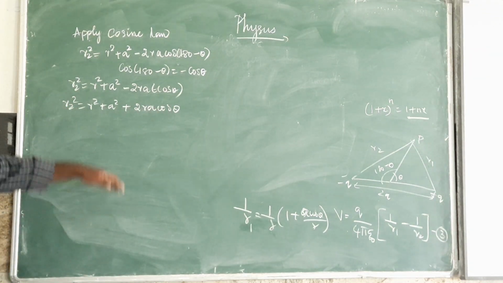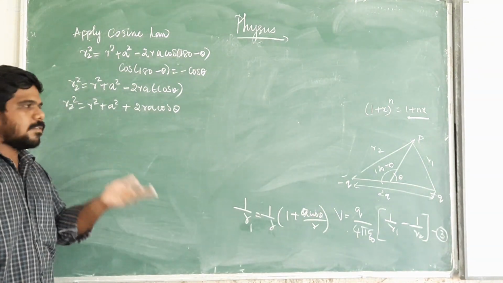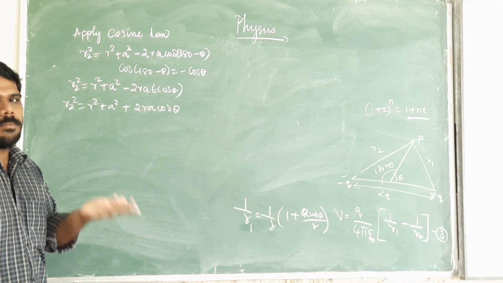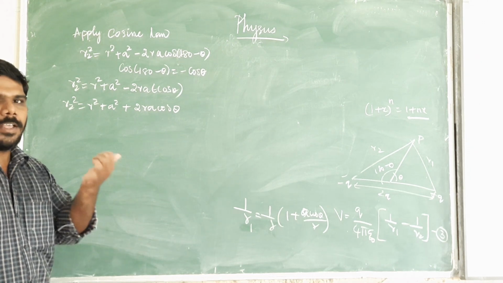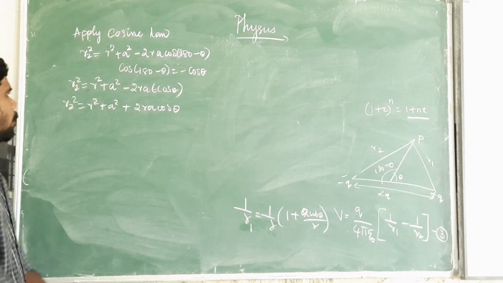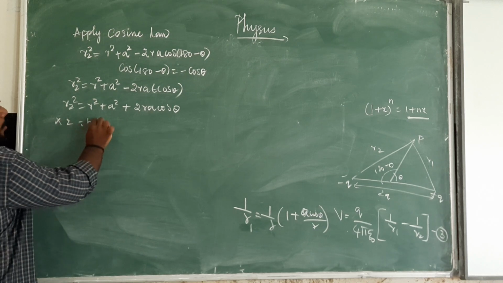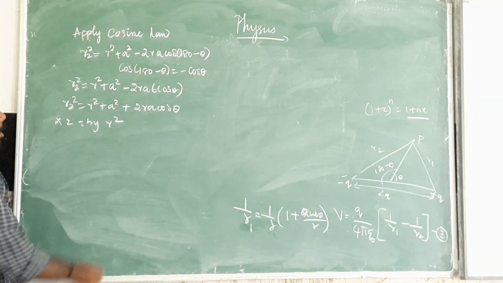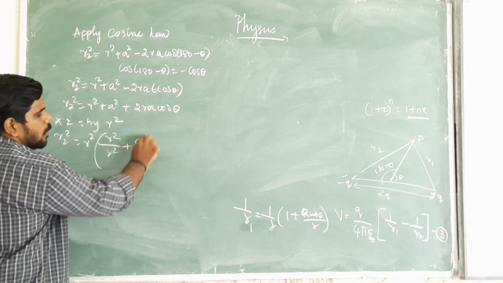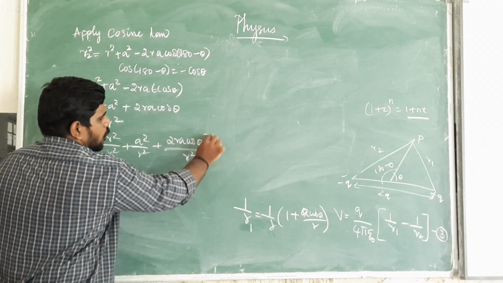Then you have to remember those 5 steps. First step, multiply and divide by R square. Second step, R is greater than a, so a square by R square is neglected. Third, square root. Fourth, reciprocal. Fifth, apply the binomial theorem. So multiply and divide by R square: R2 square is R square into R square by R square plus a square by R square plus 2Ra cos theta by R square.